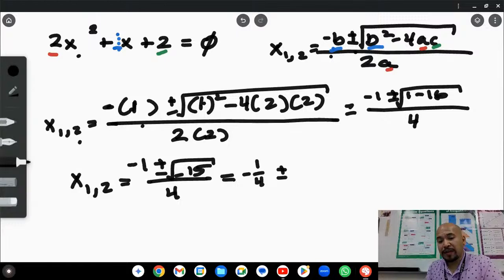Now, we already learned that if you have the square root of a negative number, it's non-existent. So if you want to write it down like this, that's fine.